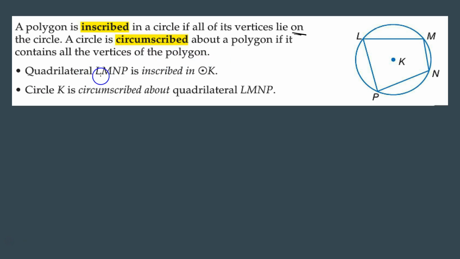So in this case, quadrilateral LMNP is inscribed in circle K. Notice the vertices all lie on the circle. And circle K is circumscribed about the quadrilateral LMNP. And there we go.